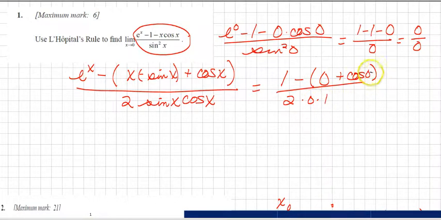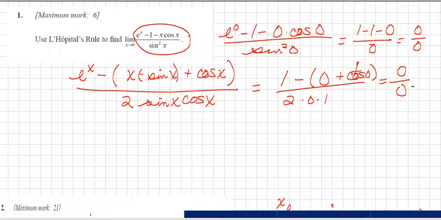Well, on the top, in the numerator, the cosine of 0 is 1. So again, we're going to have 1 minus 1, which is 0, over 0. So after its application, we still have a 0 over 0 case. So what we do is take the derivative one more time.